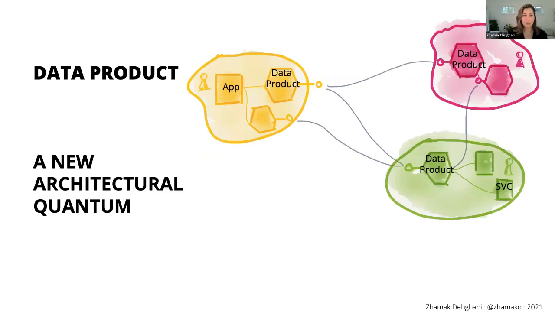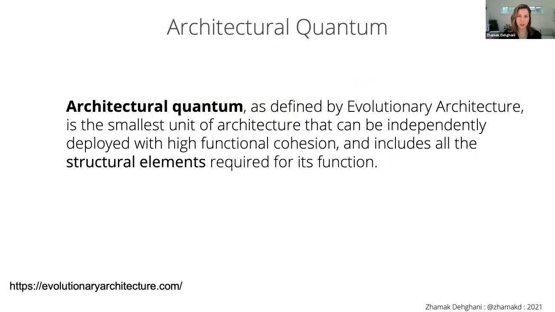If you think about data as a product, now we have this hexagon that I casually drop all over my diagrams. And nobody really understands, but hopefully by the end of this, you will understand what it is. We have this data product as a new architectural quantum, a new unit of architecture. Architectural quantum is a phrase that evolutionary architecture introduces.